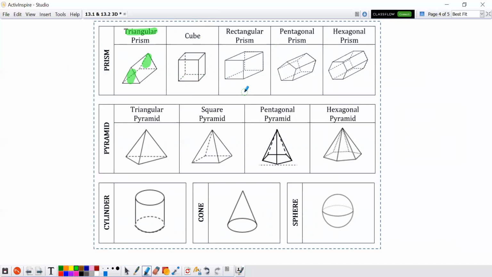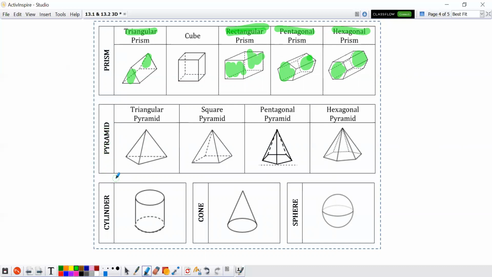Rectangular prism, pentagonal prism because the bases are pentagons. Hexagonal prism because the bases are hexagons. And here, rectangular prism because my bases are rectangles. So they're named based on the shape of the base.